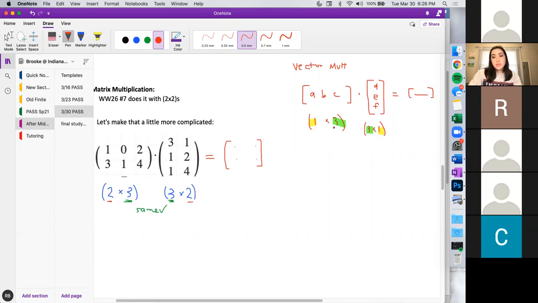So you still have to have the same number on the inside, whether it's vectors or larger matrices, and you still get a product that has the dimensions of the outer numbers. Okay, I see. Here we got a 2 by 2. Something about it just confused me the day that he was giving these notes, but now I understand it. Okay, good. Glad you asked.